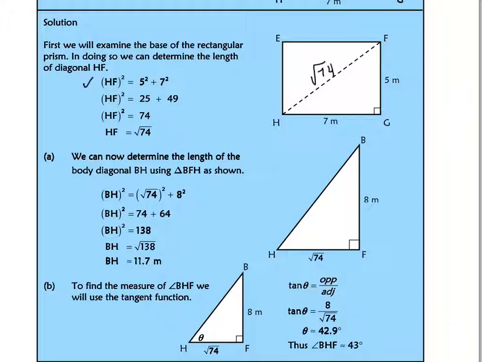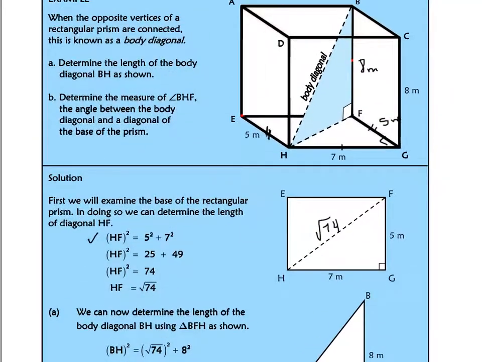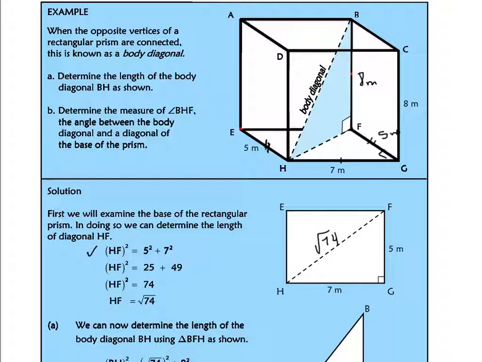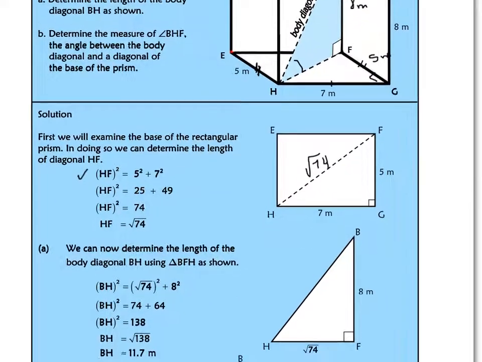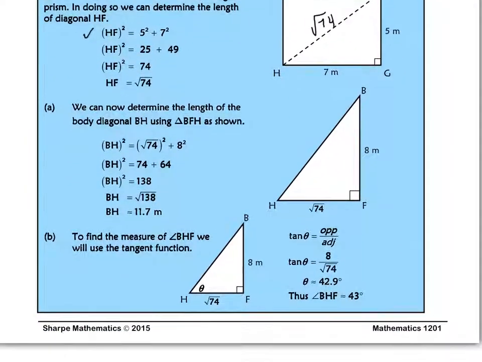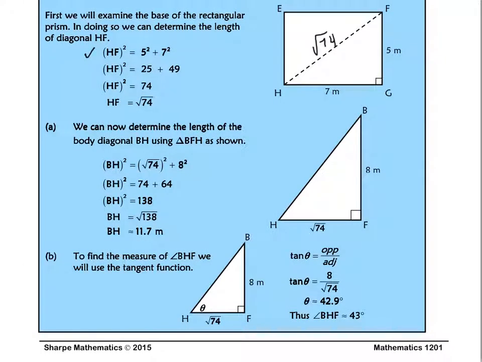So the next question asks us to find, if we go back, the measure of angle BHF, which is this angle right here in our blue shaded triangle, in the interior of the rectangular prism. So we're looking for that angle. Now we just found the side HF to be root 74, and we know the side BF is 8, so all we have to do to find that angle is look at the information we have in reference to that angle.